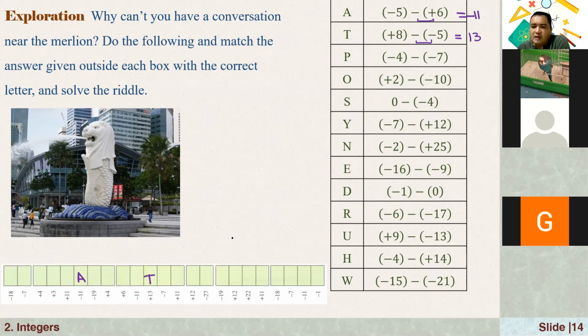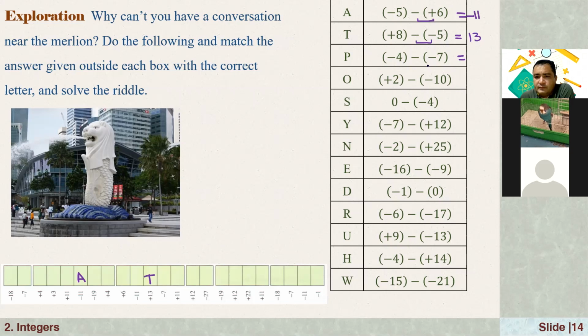And P, Shamil, what is negative 4 minus negative 7? So this negative, negative, it is plus, right? Negative 4 plus 7. What is negative 4 plus 7, Shamil? Okay. Who is there again? Sadiq, are you there? Yes. What is negative 4 plus 7?